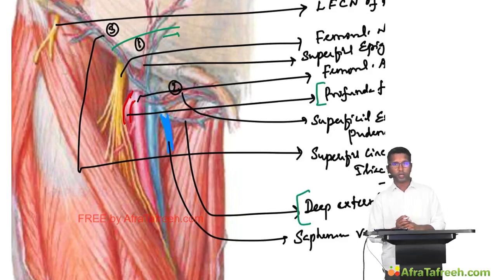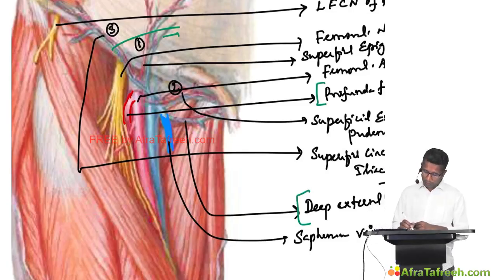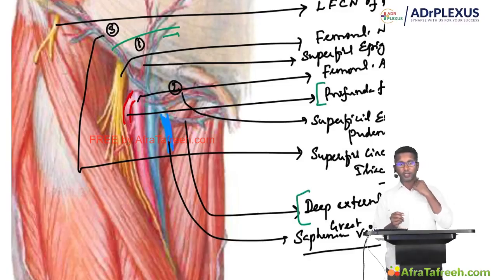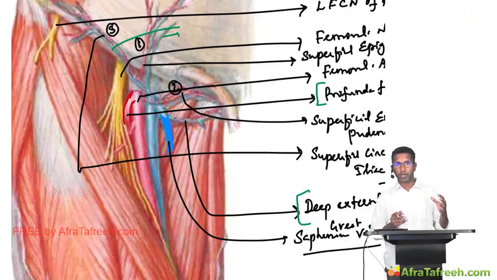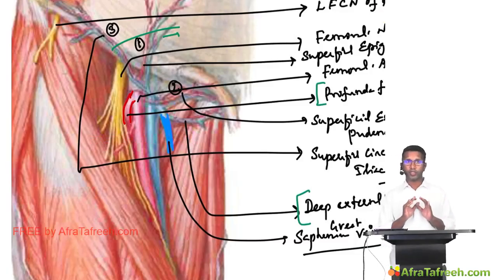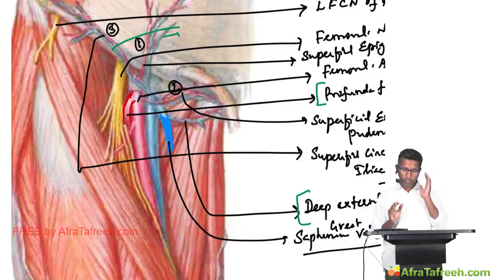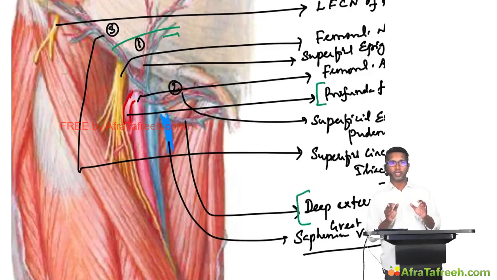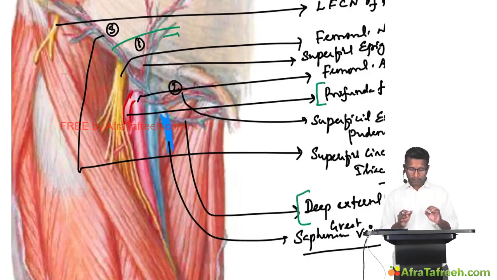Very good. So please remember, the arteries are branches of the femoral artery, but the veins accompanying them are not tributaries of the femoral vein. Instead, they are tributaries of the great saphenous vein.